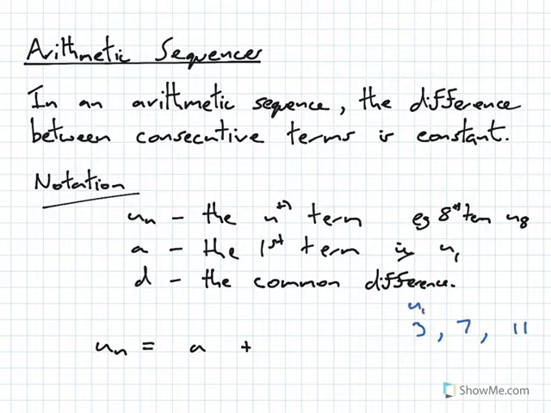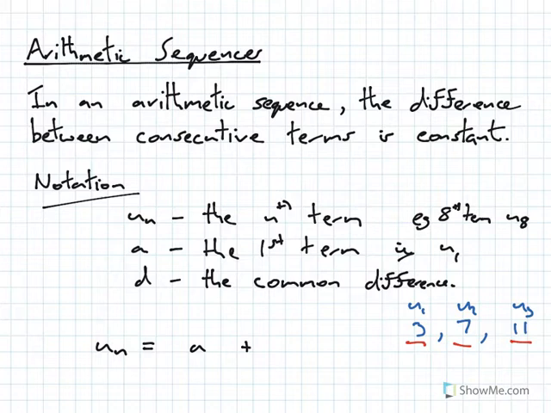So this is U1, this is U2, this is U3. To get U1, all I need is A. I don't need any common differences added on. If I want U2, I want A plus the common difference once. If I want U3, I want A plus the common difference twice.